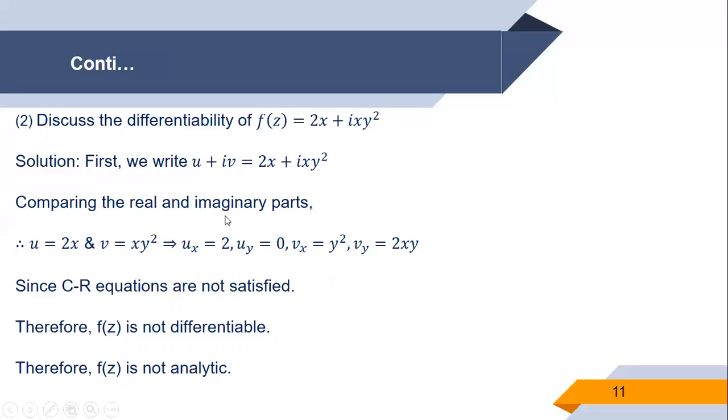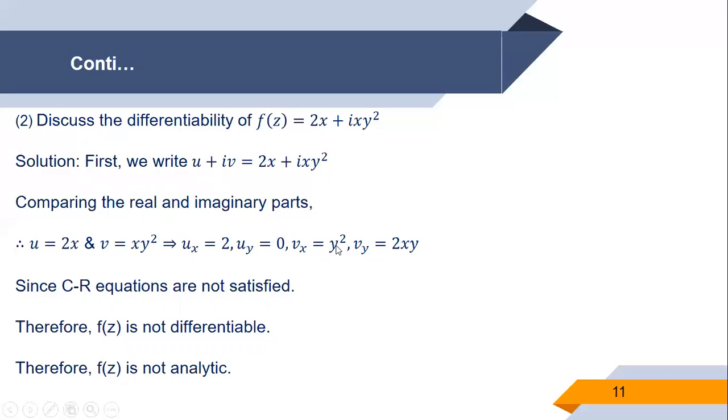Now we check the CR equation. So ux is equal to vy. That means when x is 1 by 2 and y is 1, then both are equal, otherwise not. Okay. So for that case, we now check uy is equal to minus vx.